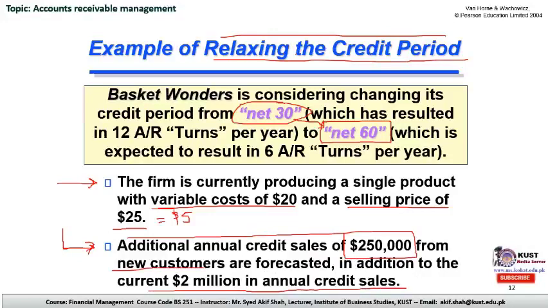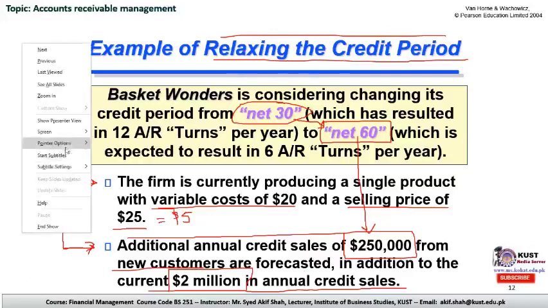Before relaxing this credit period, the company had $2 million of annual credit sales, but after this alteration to a net period of 60 days, the additional credit sale is $250,000. So it means 2 million plus this additional sales. There will be $2.25 million of total annual credit sales after relaxing the credit period.